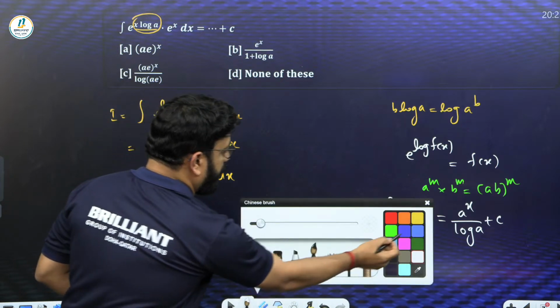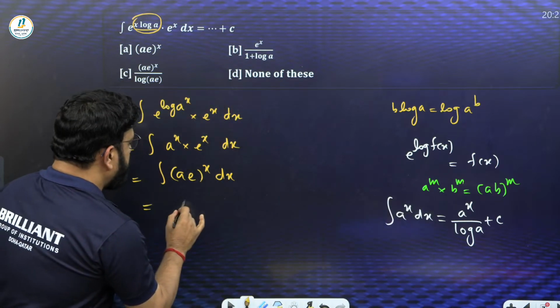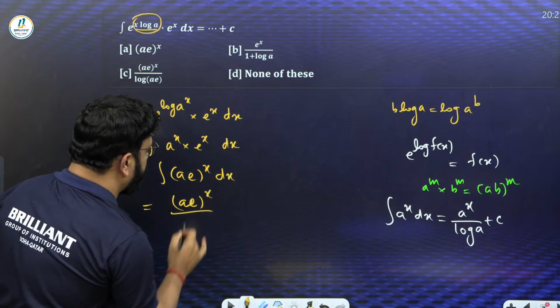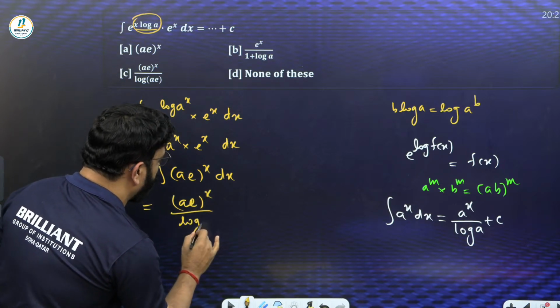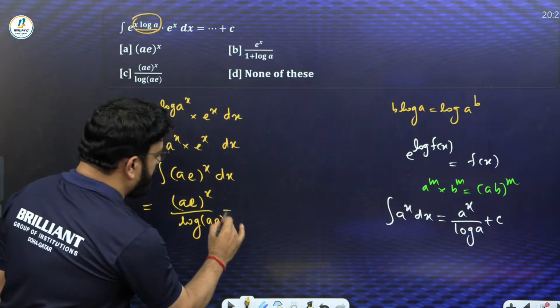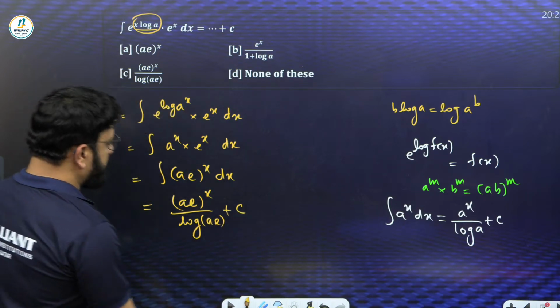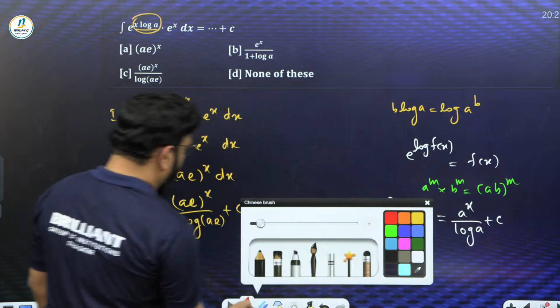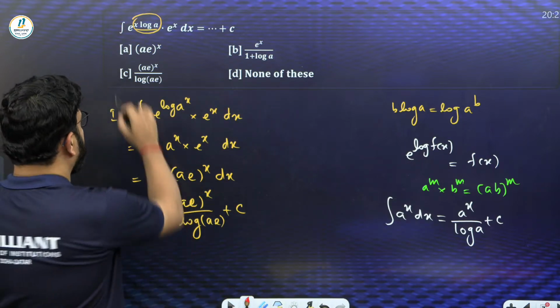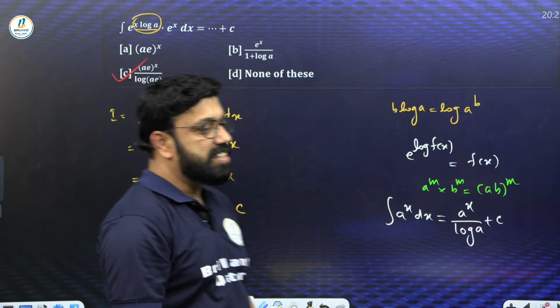So that equals ae power x divided by log of that constant term, log ae, plus constant c. Check the option. The answer is there: ae raised to x by log ae. Option C is the right answer.